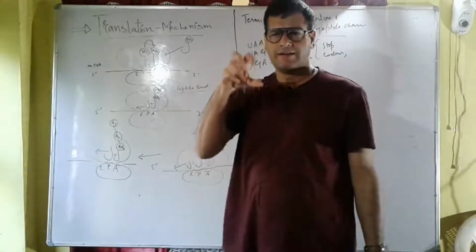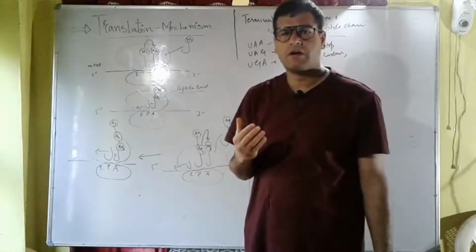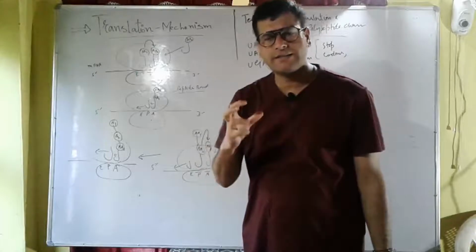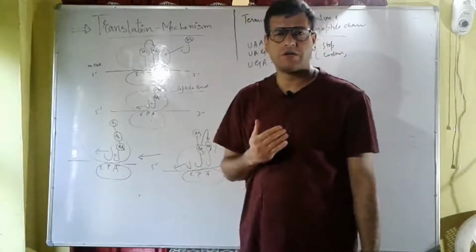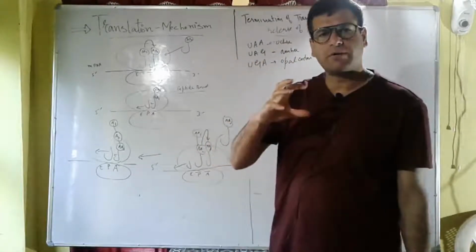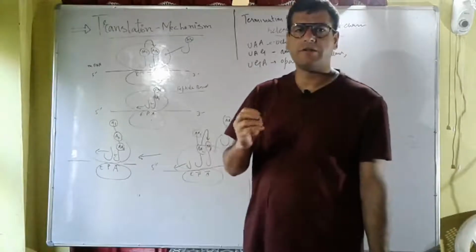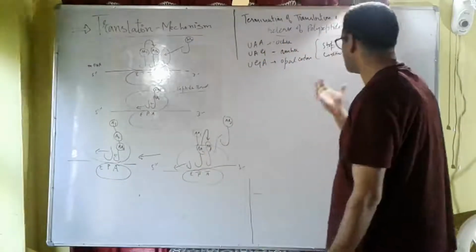When they arrive at the A site of the ribosome, they signal the stop, the termination of translation, and the growth of the polypeptide chain stops.